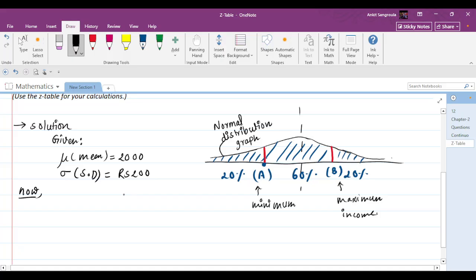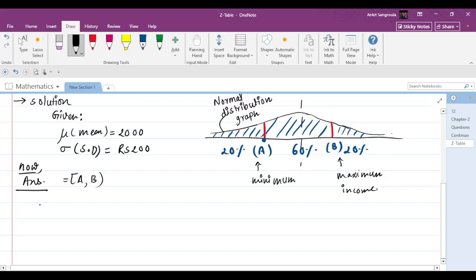Now if you make a range out of A and B, then you'd get the answer to this question. So how do you do this? You can already see that point A is a value of Z in this graph.